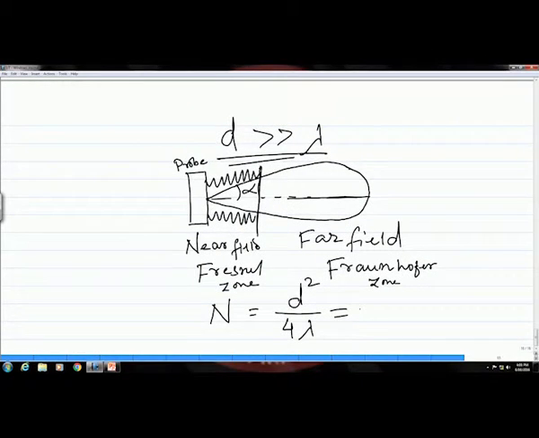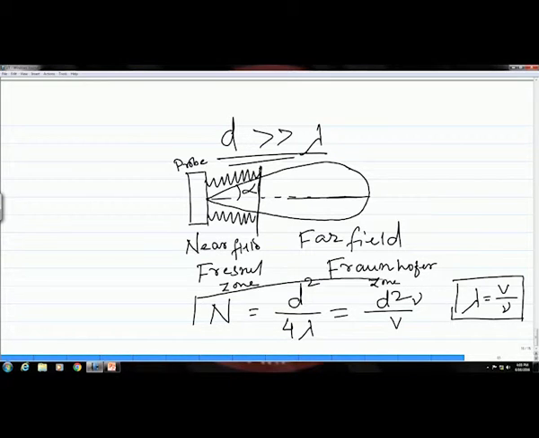And if nu is the frequency, this can be expressed in terms of the frequency also, because we have seen before that lambda is equal to v by the frequency nu. So, if you replace that over here, you get this near field in terms of the frequency of the sound waves and the velocity v.